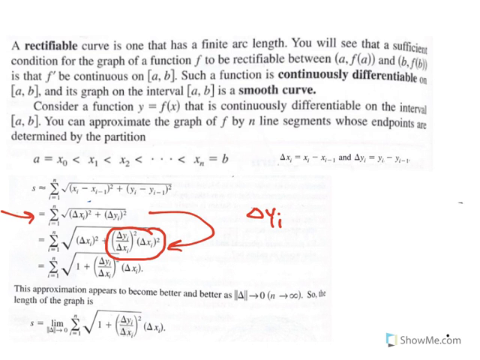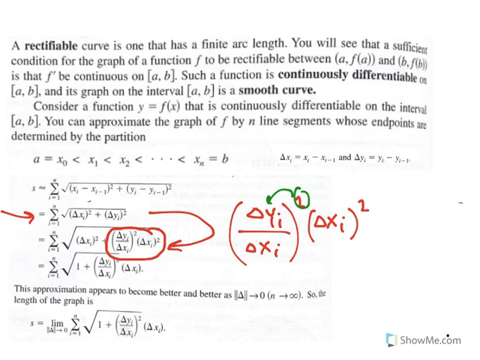Because take a look at what we have. We have delta y sub i over delta x sub i, squared, times delta x sub i squared. So if you distribute the square to each of these, then you will have delta y sub i squared over delta x sub i squared.